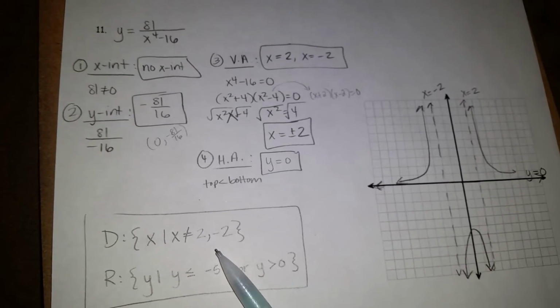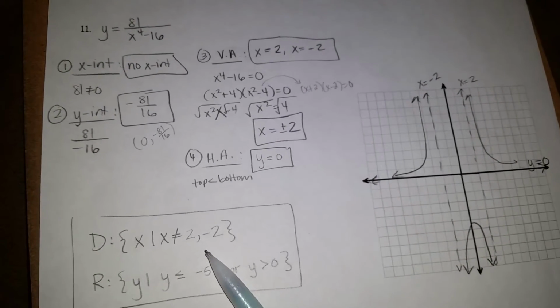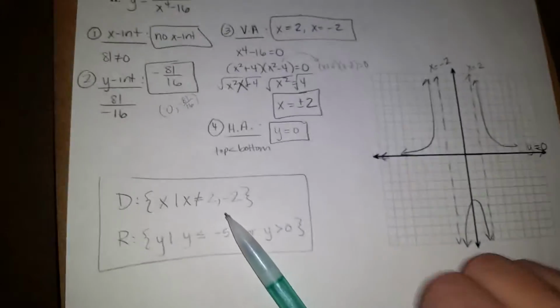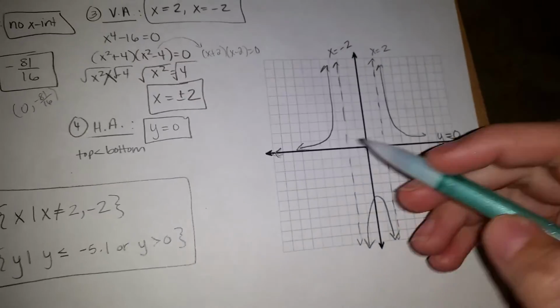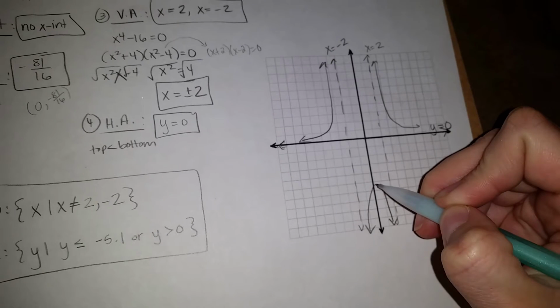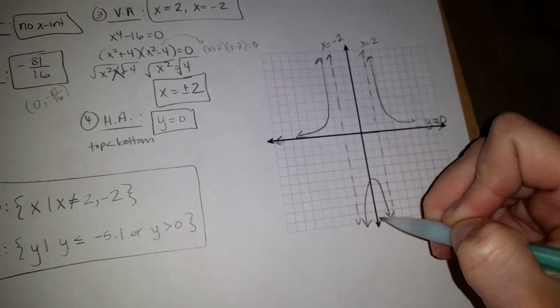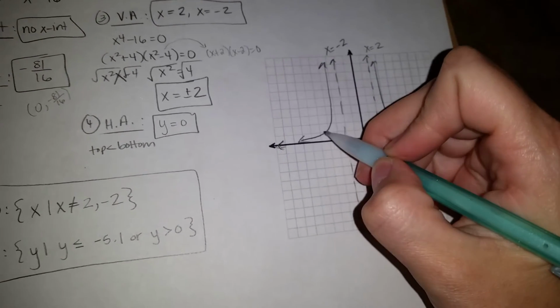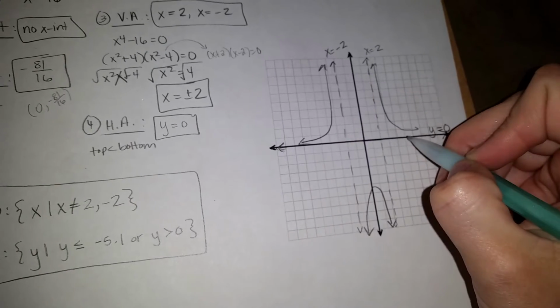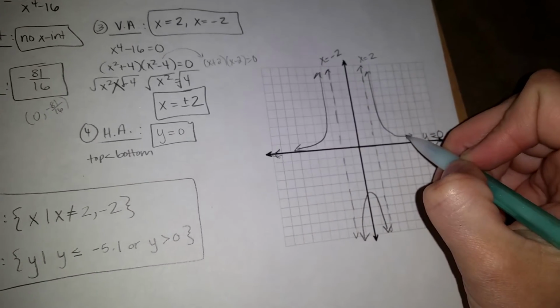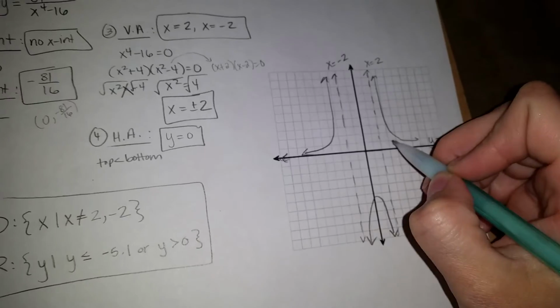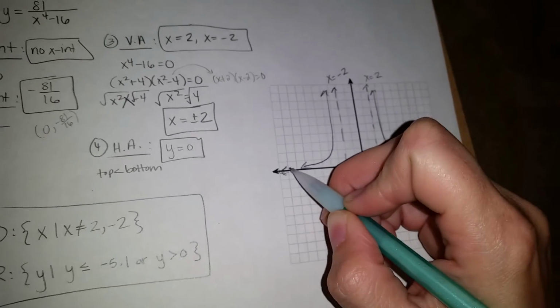Now, for your range, you're going to have to look and see where your y values are. Can you see here that all of your y values are going to be lower than this maximum, or they're going to be higher than this line here, your asymptote at y equals 0. Sometimes it will cross this line.